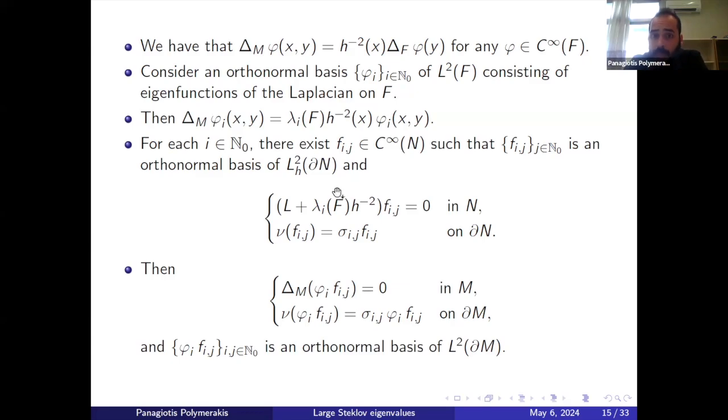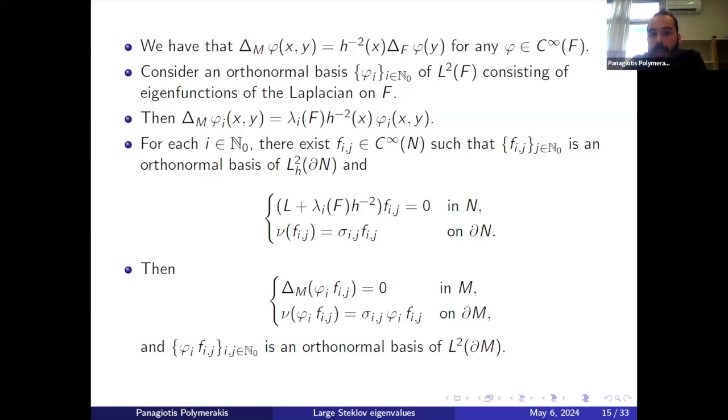And then for each i, we consider the corresponding Steklov eigenproblem on the base manifold N. And now if we consider the corresponding functions on the warped product, we multiply them by phi_i, we get harmonic functions which also satisfy Steklov boundary conditions.